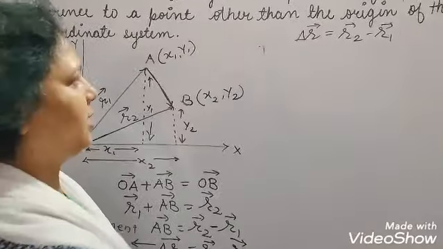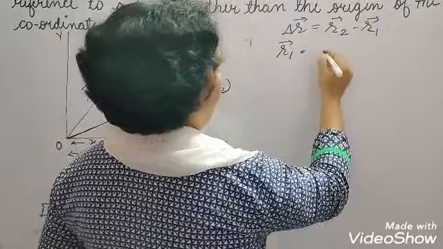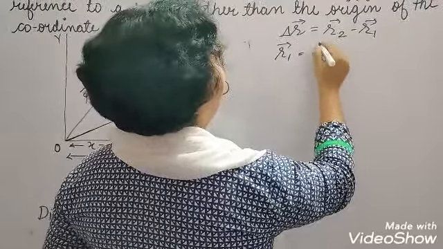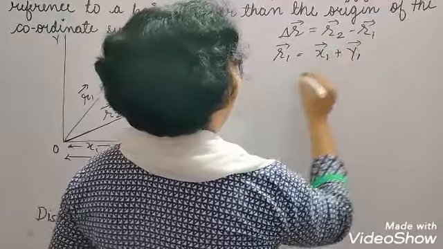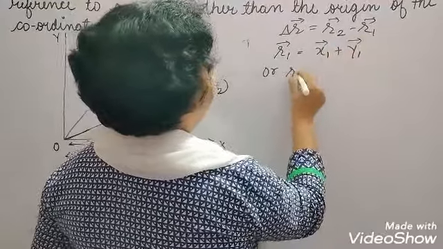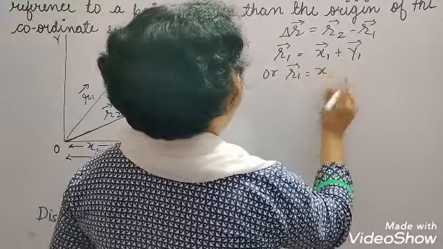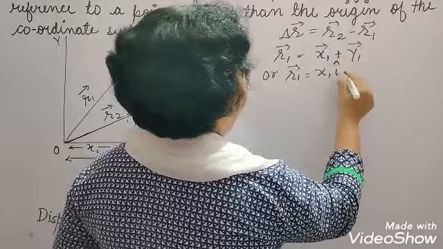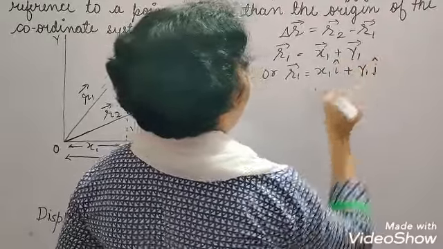But we know that r1 we can represent as x1 i cap plus y1 j cap.